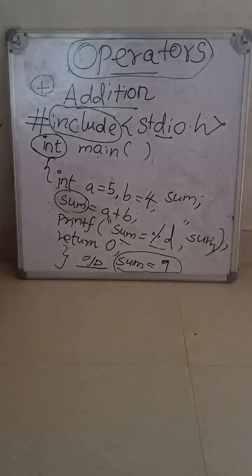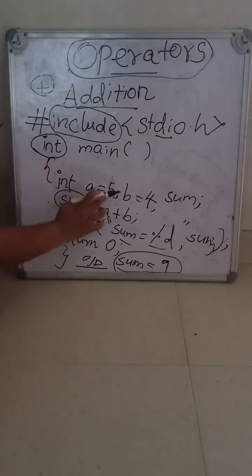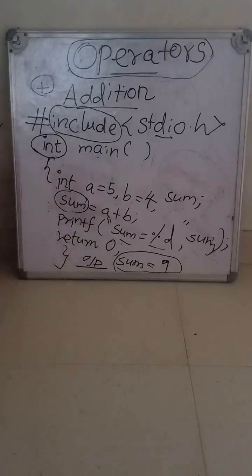Okay, I think now we have initialized the two values. Yes, that means this program is meant only for adding the values 5 and 4. If I want to change the values of A and B, how can I write the program? For that, I have to do some modifications here.